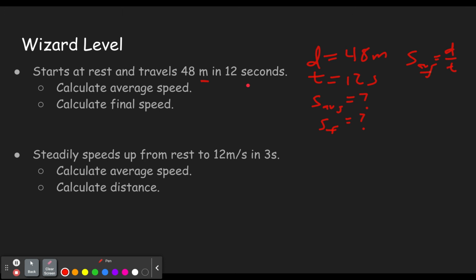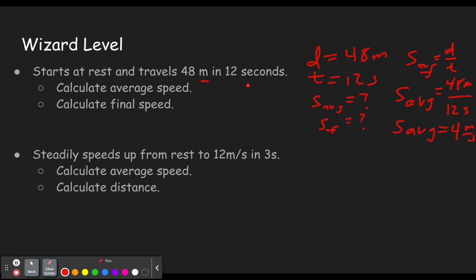We didn't used to write in the average, but since we have a final speed, let's write it in. So S average equals 48 meters divided by 12 seconds. S average is 4 meters per second.